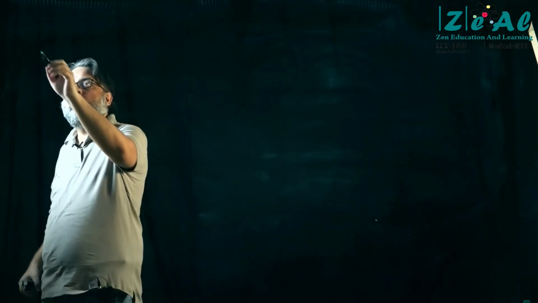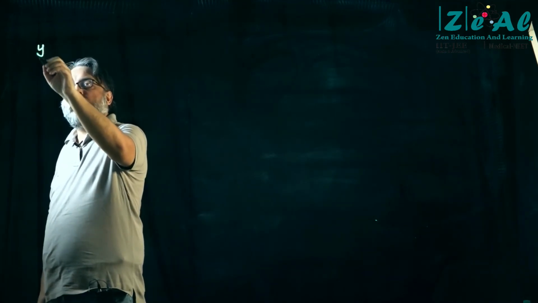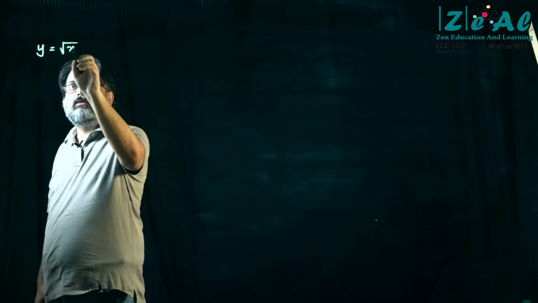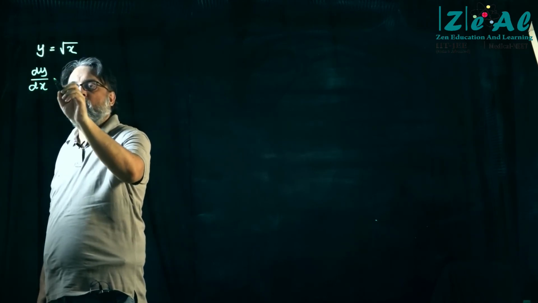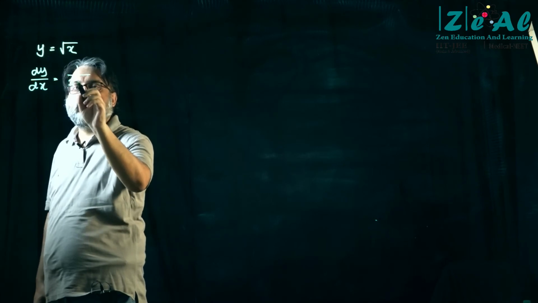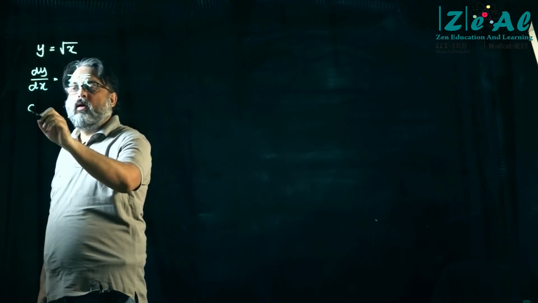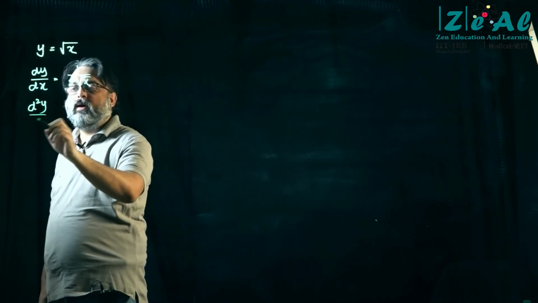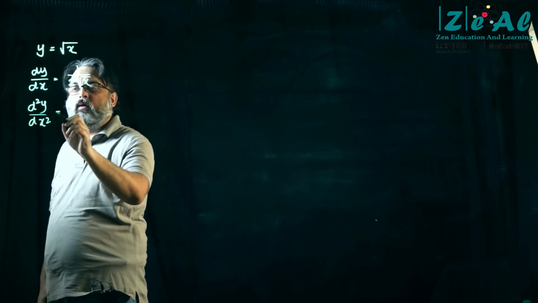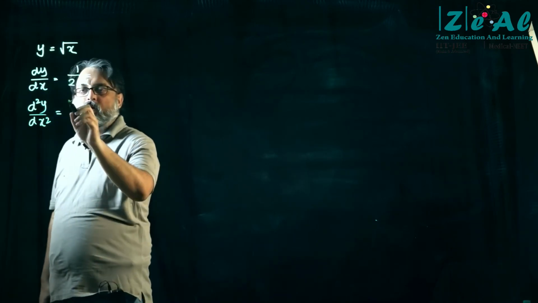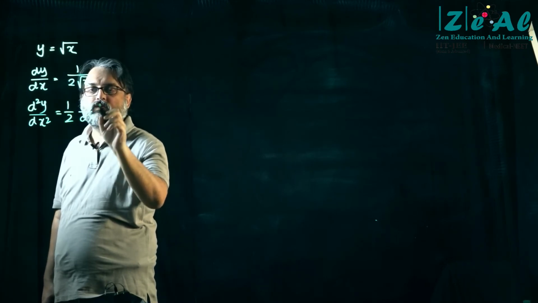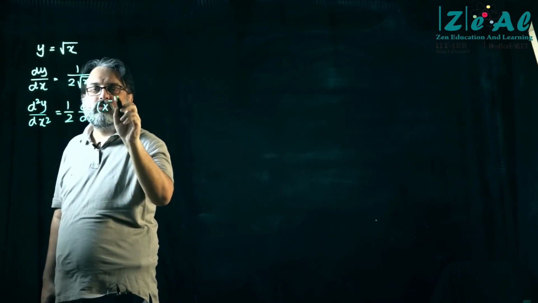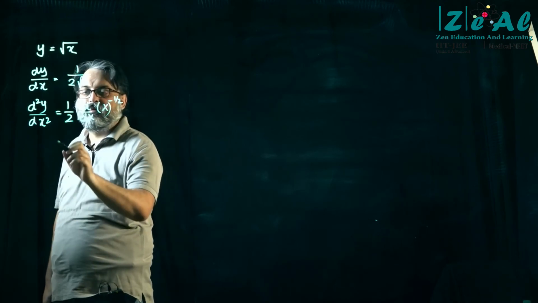हाँ तो देखो भाई, y is equal to root x, dy by dx is equal to 1/2 root x, d2y by dx square will be 1/2 d by dx of x raised to the power minus half.